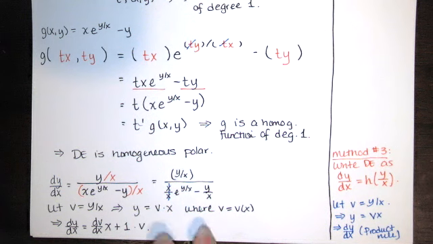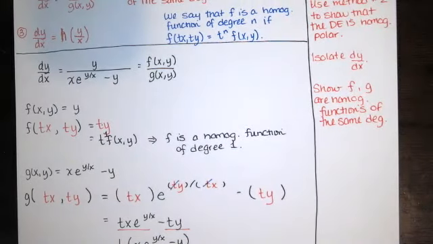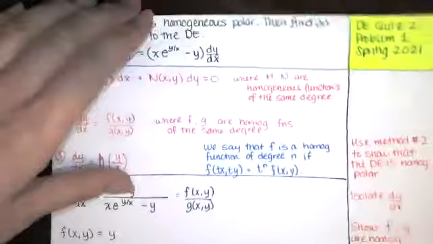So now we have enough to write this differential equation in terms of v and x only. Now this is actually where we're going to stop, because we'll see that we can't actually finish the problem, because the integration on one side is very challenging.